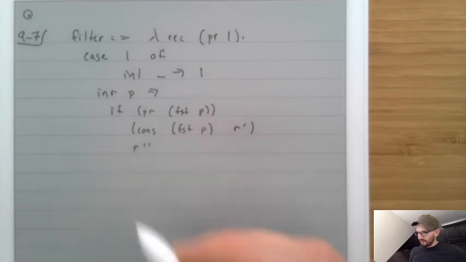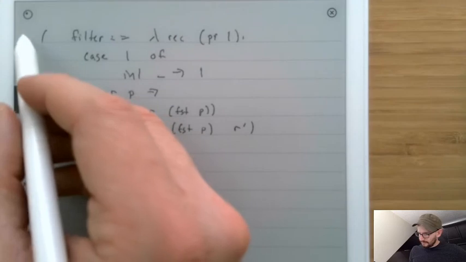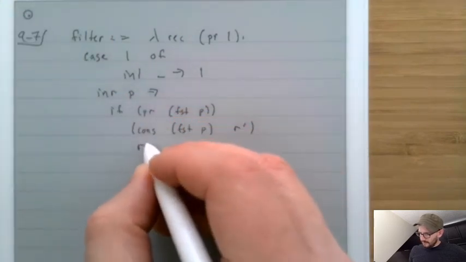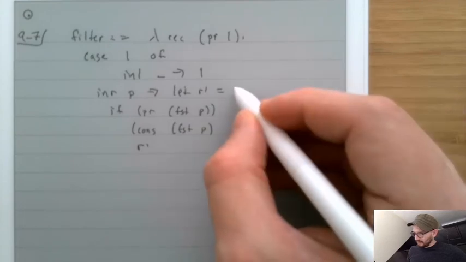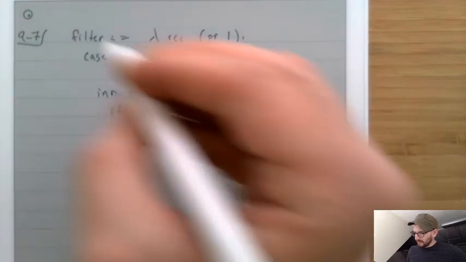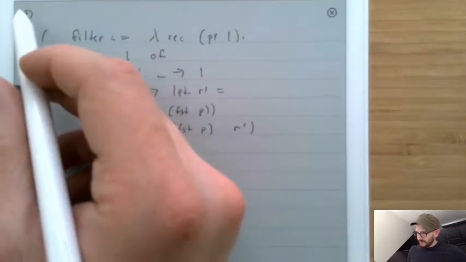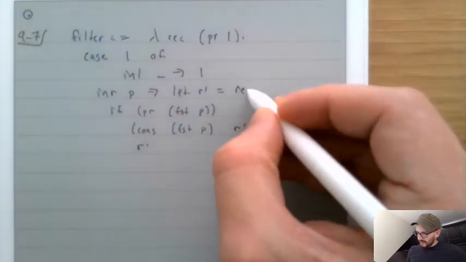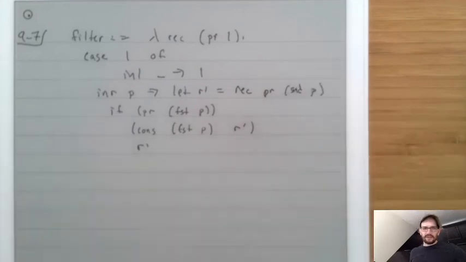Otherwise, we're going to return r prime, where we'll say let r prime equal calling rec on the predicate and the second thing in p. And so this is a little filter function.